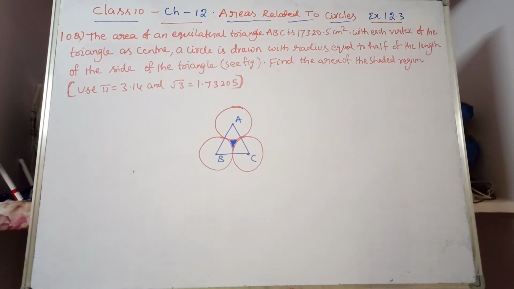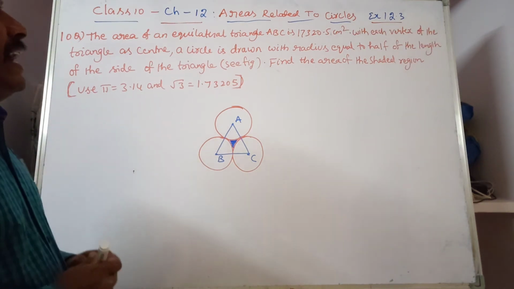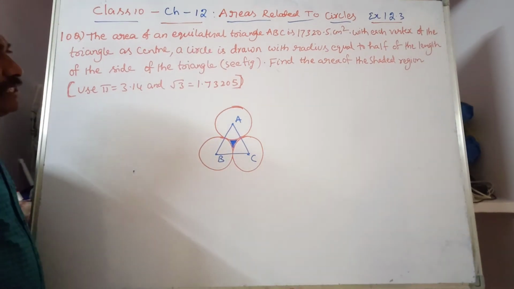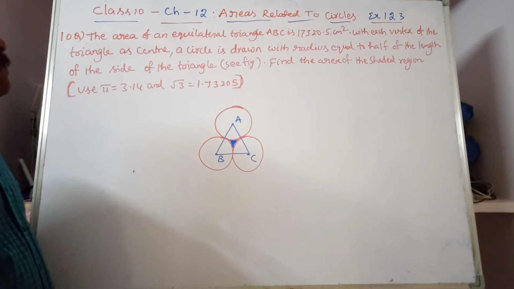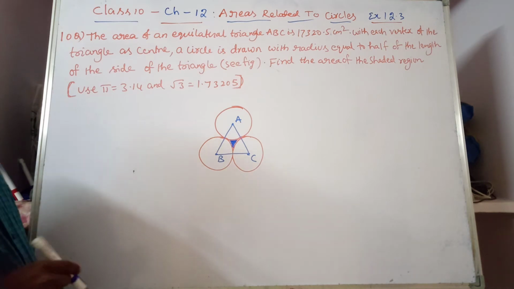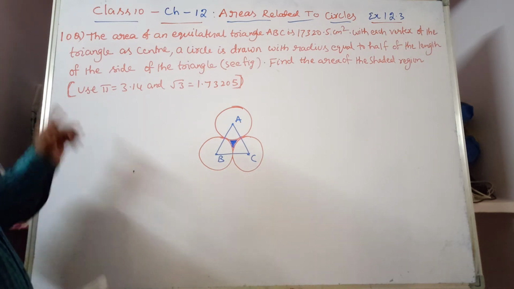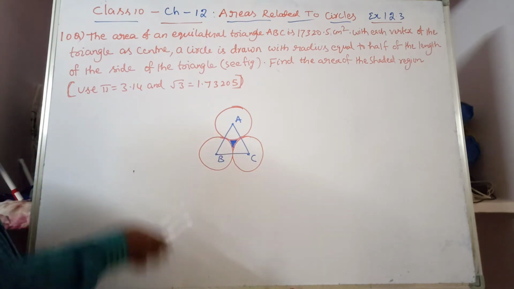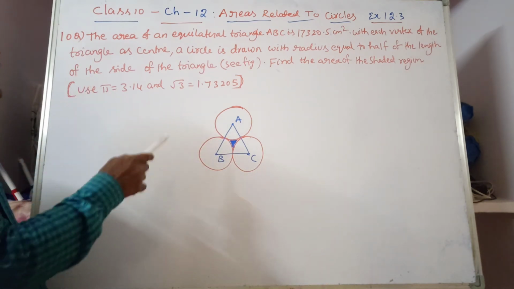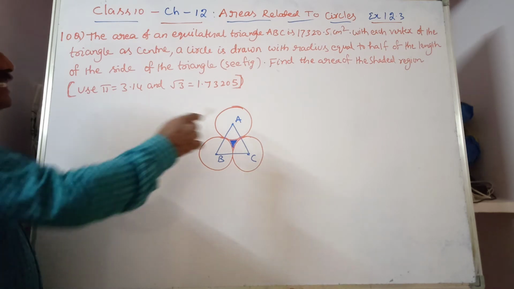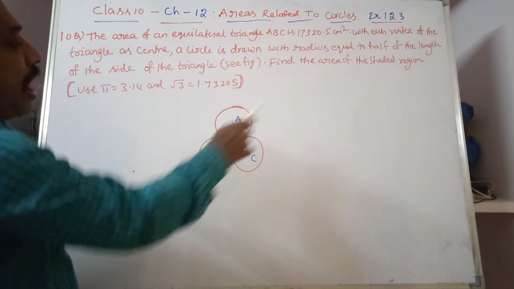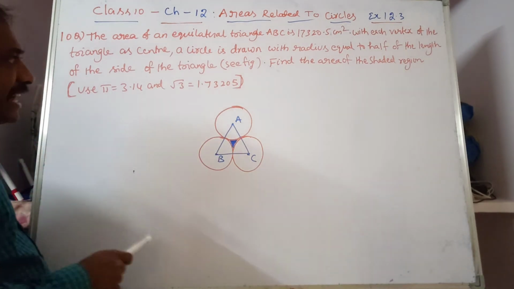Now we are seeing question number 10. The area of an equilateral triangle ABC is 17,320.5 centimeters square. With each vertex of the triangle, so vertex A, B, C, these are the three vertices, as a center, a circle is drawn with the radius equal to half of the side of the triangle.